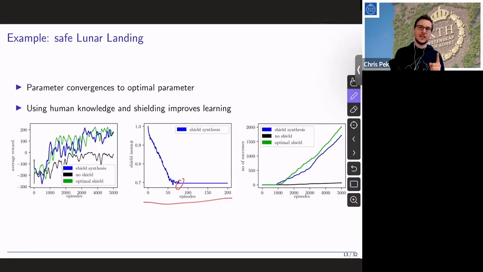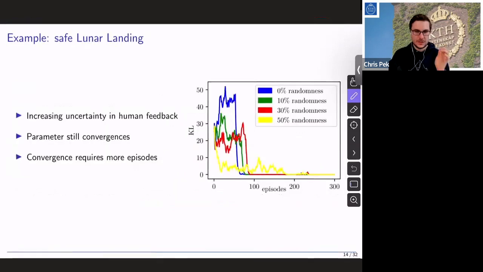But how does it look if we have non-perfect input? In this experiment, we increased the uncertainty in the human feedback. Remember, we had 10 humans, and we increase the uncertainty by saying 10%, so one person is giving random feedback, saying the parameter needs to be higher or smaller, or it's fine. Then 30% and 50%, so 3 or 5 humans.